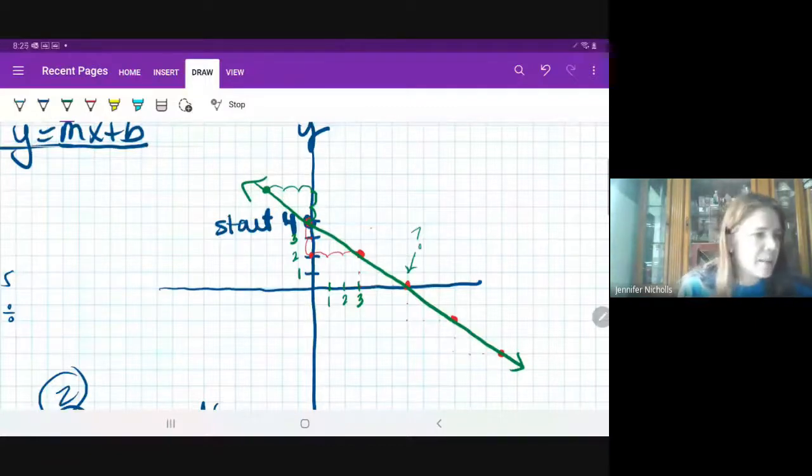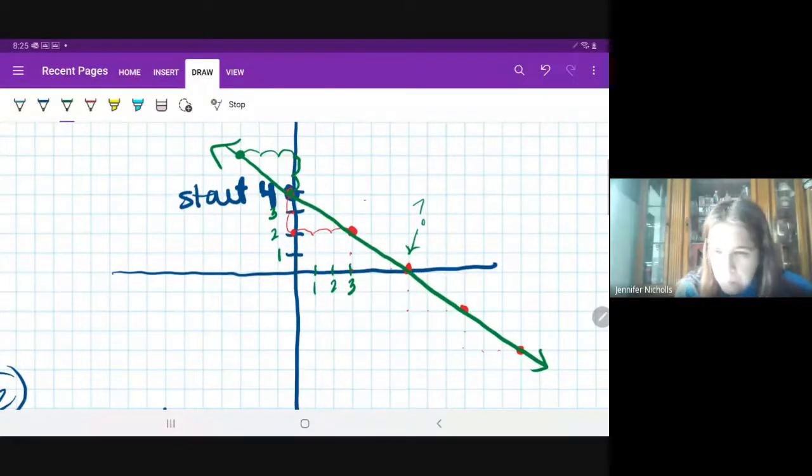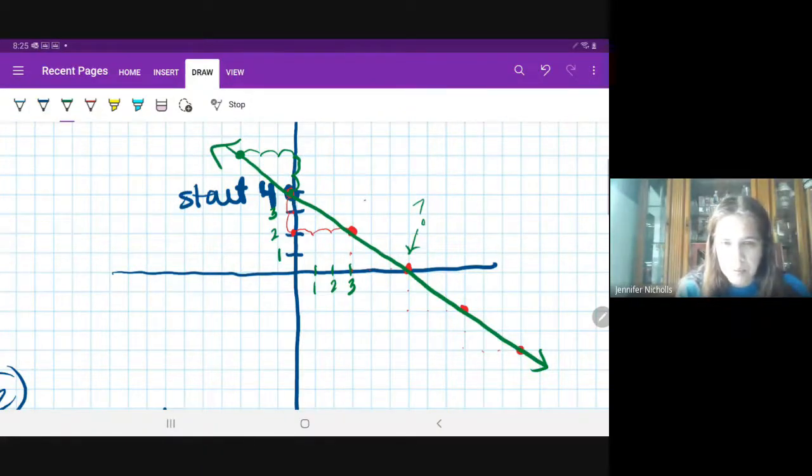Can anyone tell what that looks like on their graph? It's really hard to check your graphs. I mean, I can check your graphs when you're doing it, when you upload it, but it's a little different. Can anyone tell where that spot is? Where does it look like on your graph?